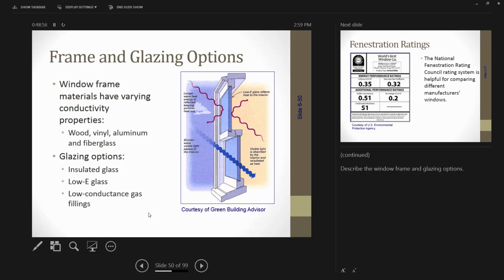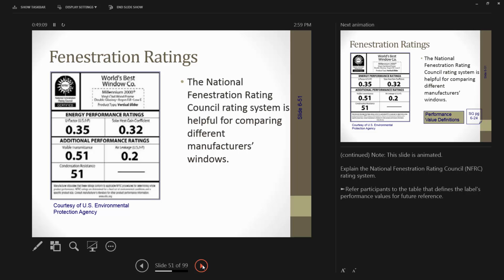Again, look at this in your book, but I don't want to dive down too far into windows. If you have questions on them, let me know. But the way that windows are rated, the National Fenestration Rating Council puts the window values together, and they're weighted as a weighted average of performance at center of glass and performance at edge of glass.